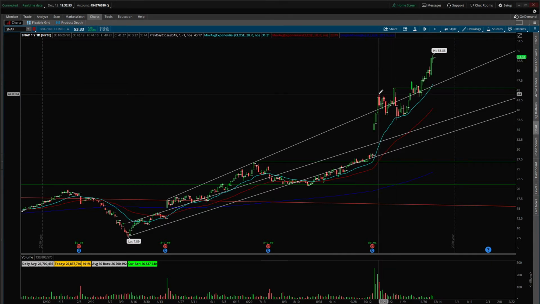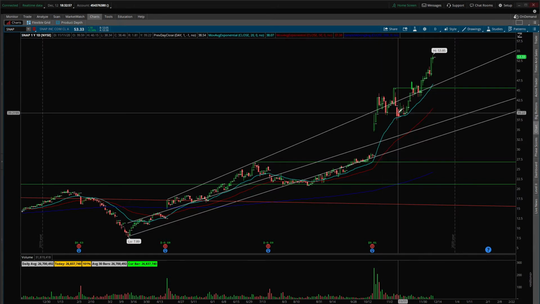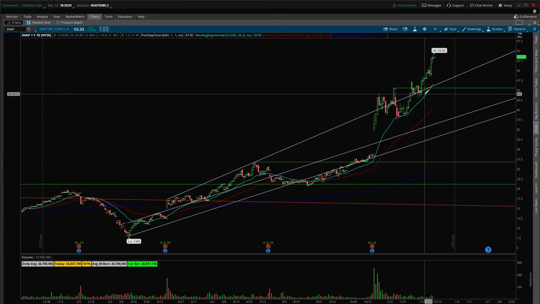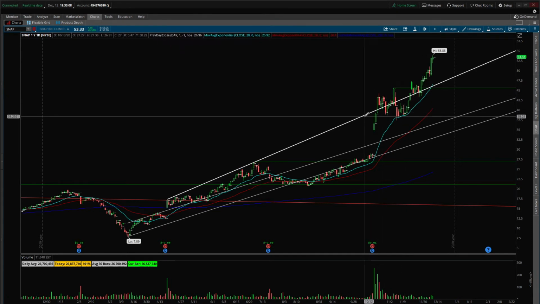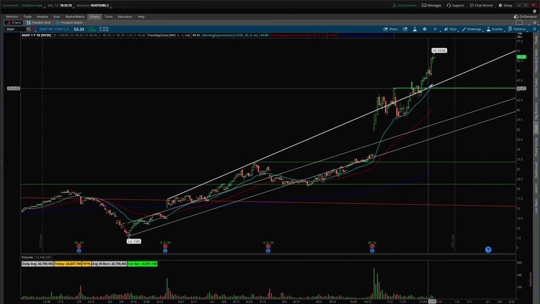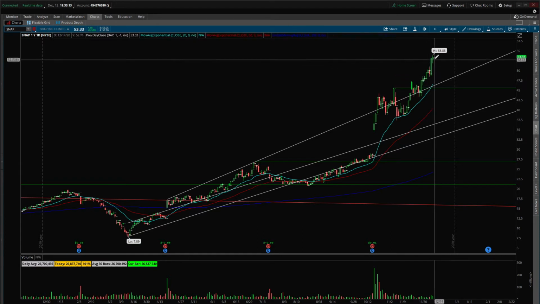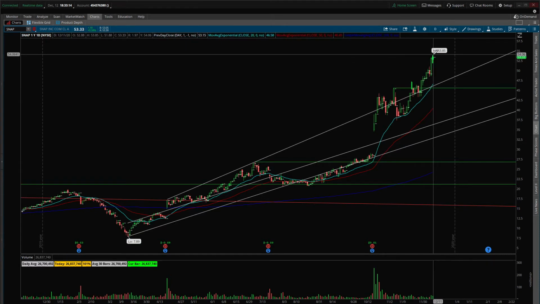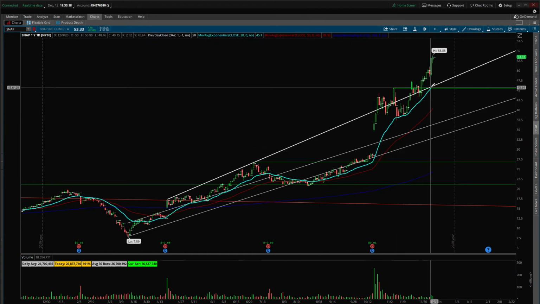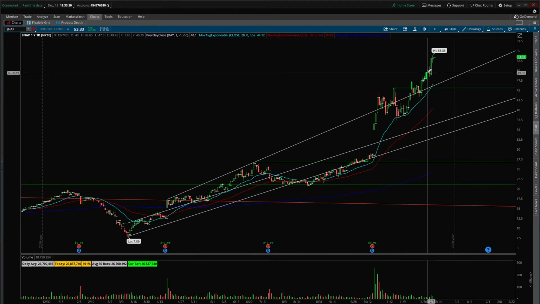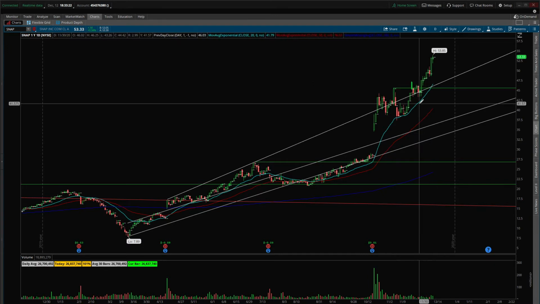And recently, that was a month and a half ago now, we've seen a little bit of consolidation, and then right back out and above, up to new all-time highs, above this much steeper growth trend that we've seen this year. As bullish as this action is, and it's one of the most bullish charts I've looked at lately, and I look at a lot of charts, you've got to look at your indicators.